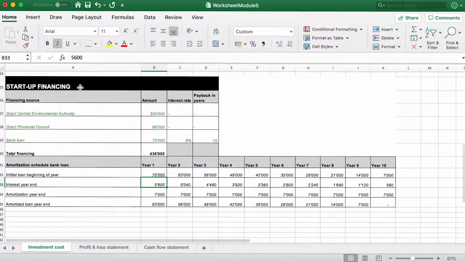Under Startup Financing, you will see that the composting plant has secured a grant of 300,000 from the Central Environmental Authority, another grant of 66,000 from the Provincial Council, as well as a bank loan of 70,000. These 3 financing sources actually match the total investment required.